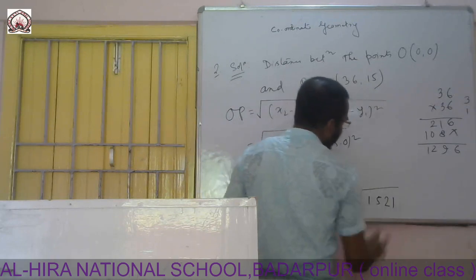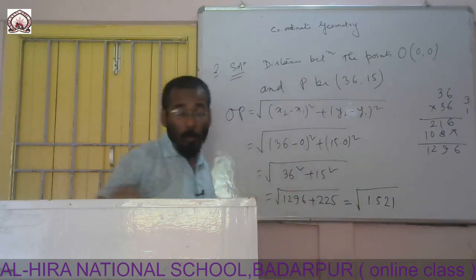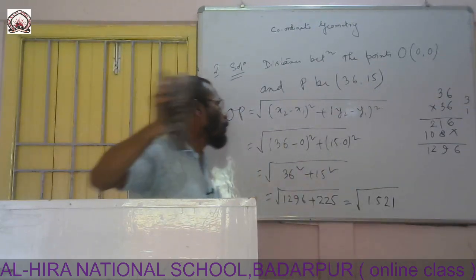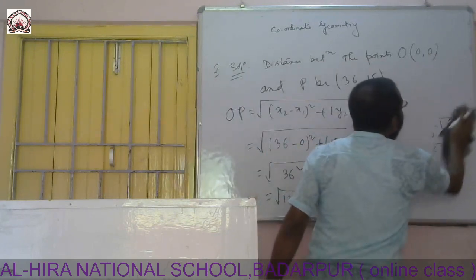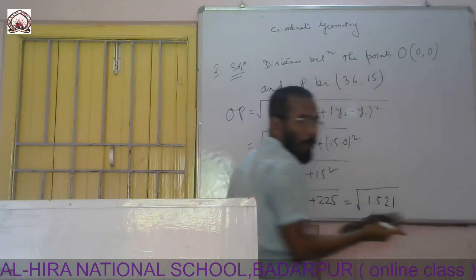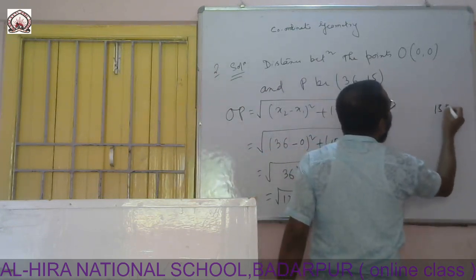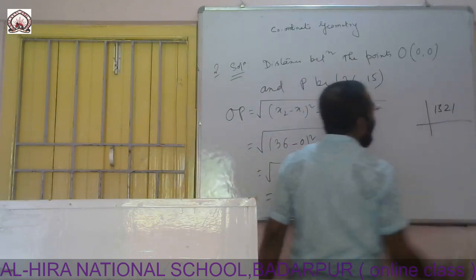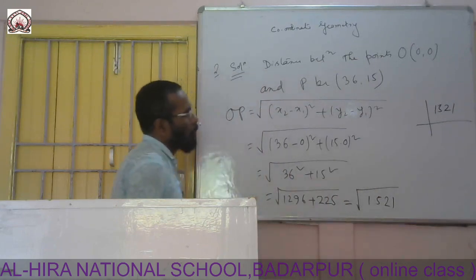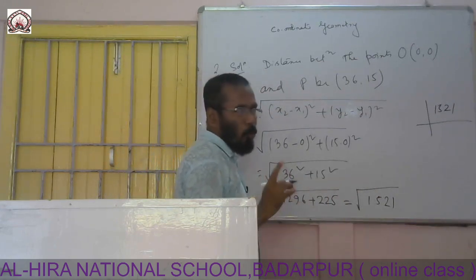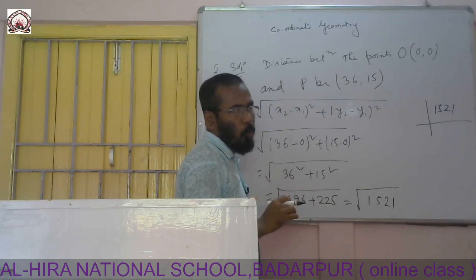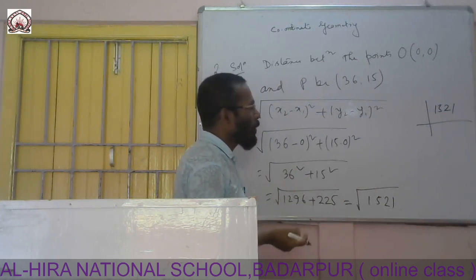To take the square root we have to factorize 1521. The ones digit is 1, so it cannot be divided by 2. Let us try 3.